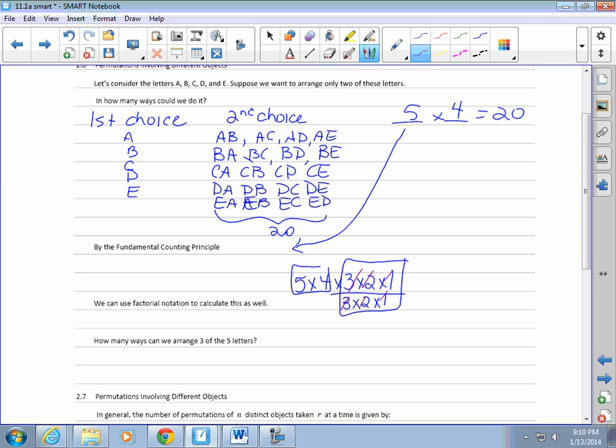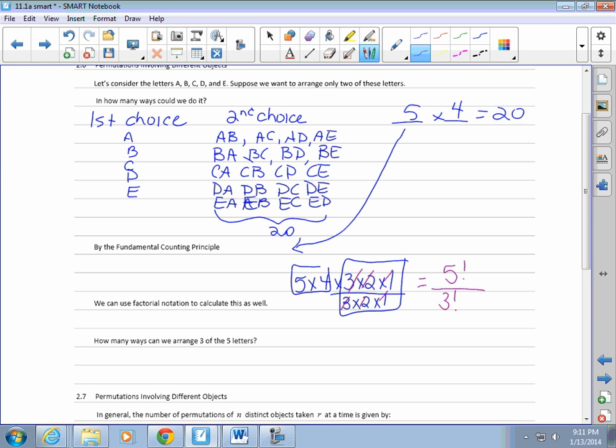So really, if I write this out on the top, I would have had 5 times 4 times 3 times 2 times 1, which is 5 factorial, over 3 times 2 times 1 is 3 factorial. So what you notice is I have all my possible choices divided by the choices that I don't use or that I can't use.